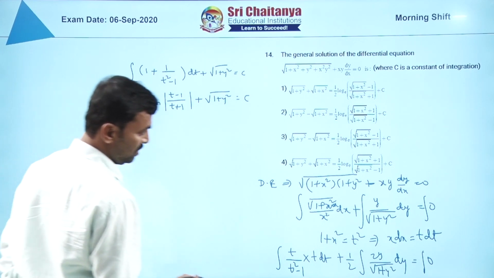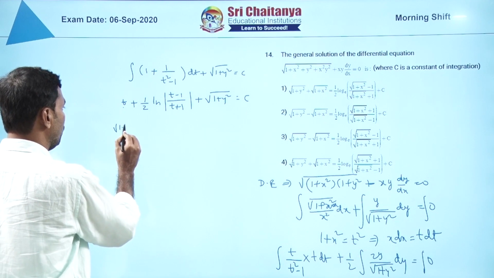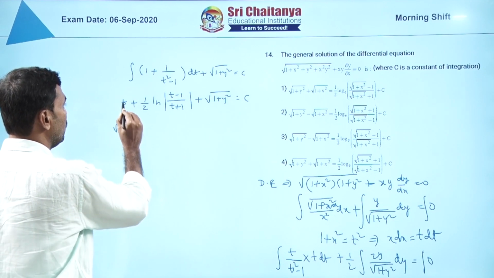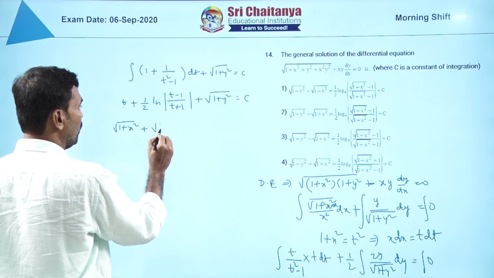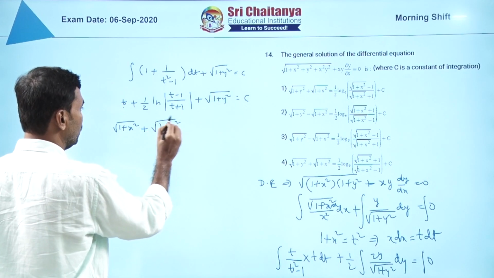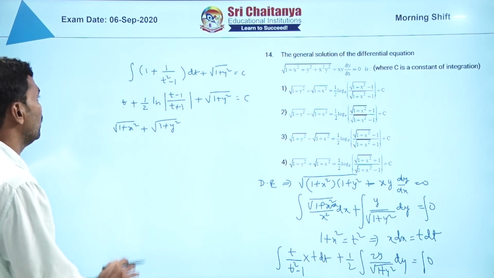t is root over 1 plus x square. This t value is root over 1 plus x square, and this value I am writing now as root over 1 plus y square, because in the options he has given root over 1 plus x square and root over 1 plus y square forms.